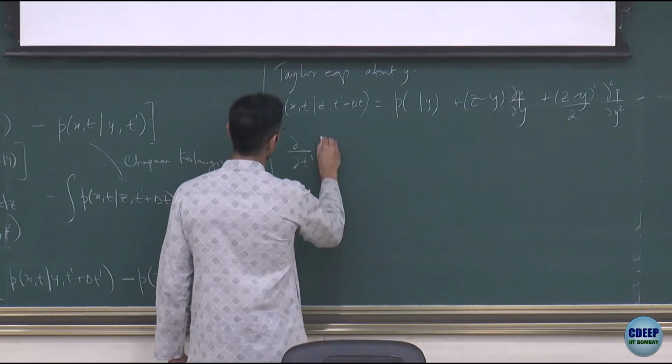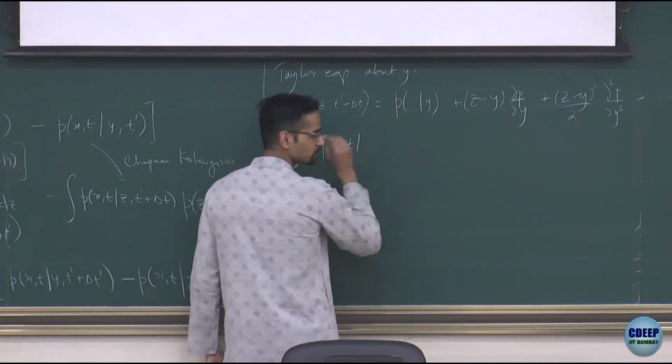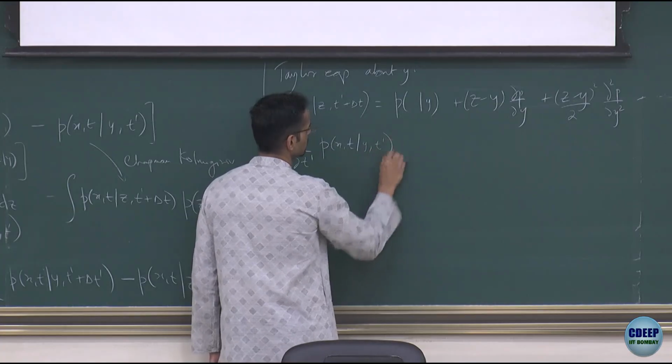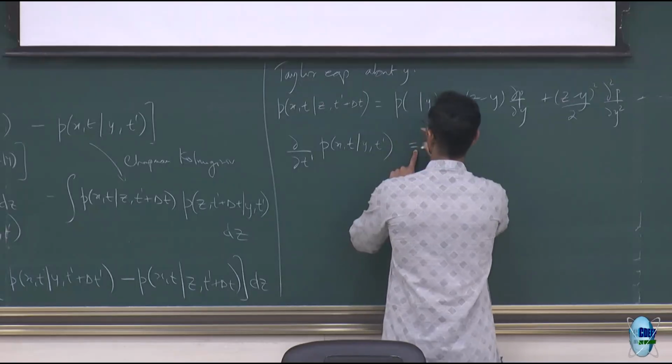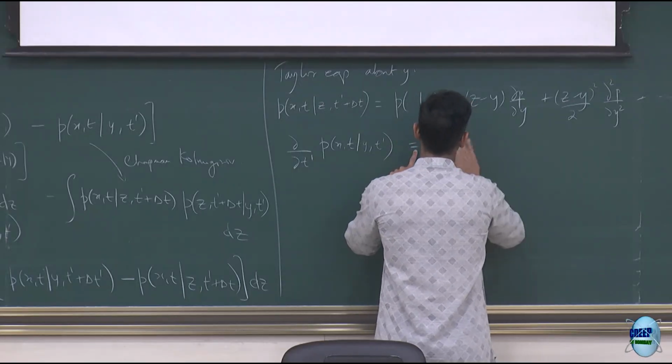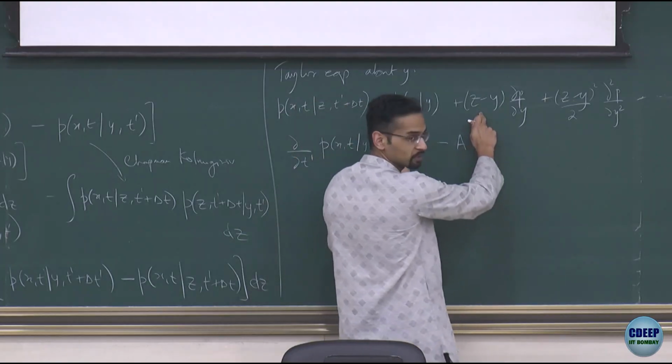the derivative in t prime of this quantity, given that I'm at x comma t now, where did I come from? That time derivative on the t prime is equal to, now I have minus, and you see A is not inside now, because A is sitting outside here directly.